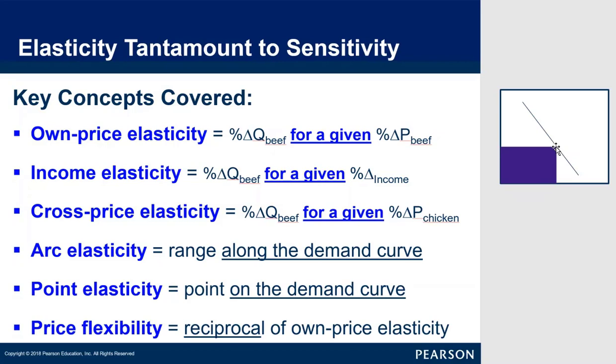And then we're going to look at price flexibility, and price flexibility is just the reciprocal of whatever that own price elasticity is. So all we're going to do is divide 1 by whatever the own price elasticity is, and that's going to come up with that. We're going to go a lot more in depth with that as well.